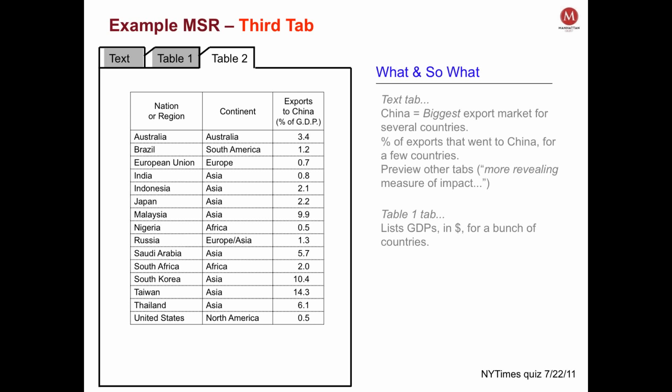There's Australia again, there's Brazil, and the EU, but we also have new things, like other countries that weren't in the previous table. So we can see how they're connected, and then there's this whole thing with continent. All right, so much for now.